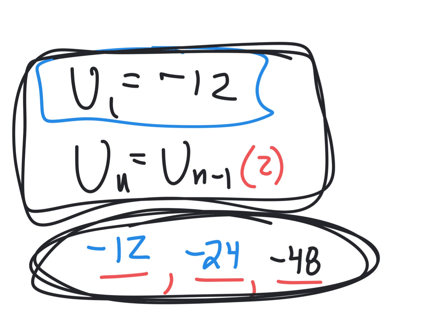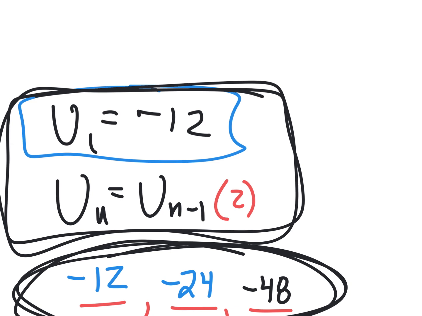All right, so where we're going from here, like tomorrow, what I teach you is I give you this equation and then I say, what's U sub 38? Do you really want to sit there and times by 2 38 times? Probably not. So there's an equation for that. That'll figure that out. And then here's another thing that we do.